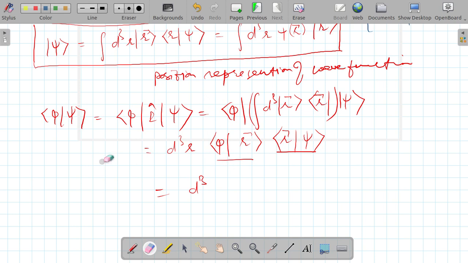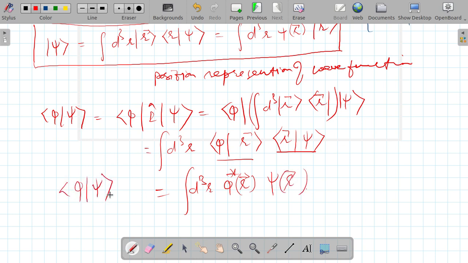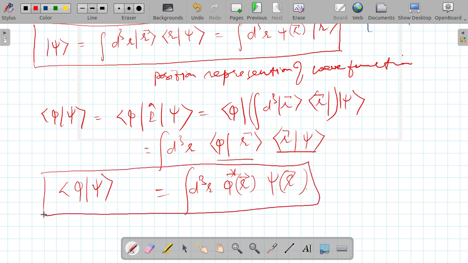It is the integral of d cube r, phi of r with its complex conjugate, psi of r. So this is a way that things can be expressed. This is a relationship between integration and what we call the bra and ket notations.